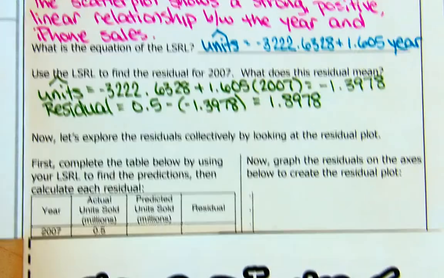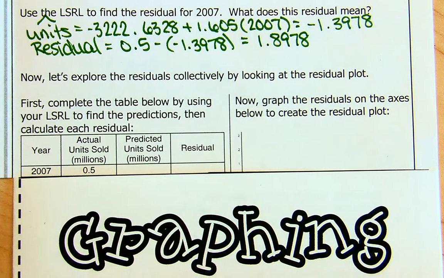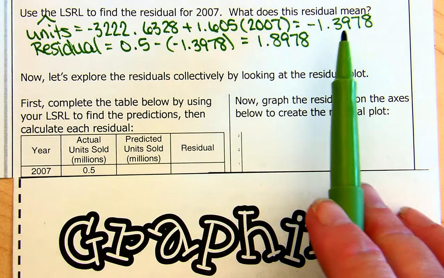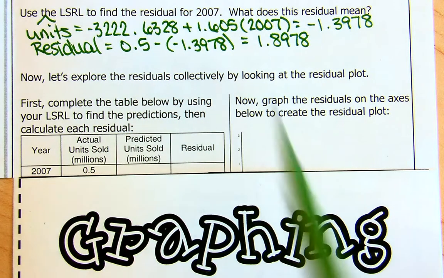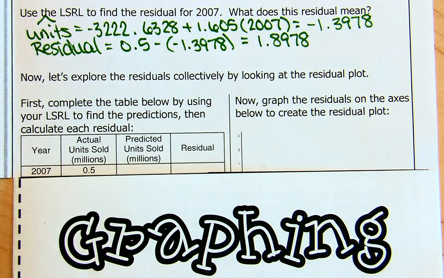So my residual is a positive 1.8978. So what does that mean? There you go. We had an estimate that was lower than the actual value. We underestimated the number of sales.